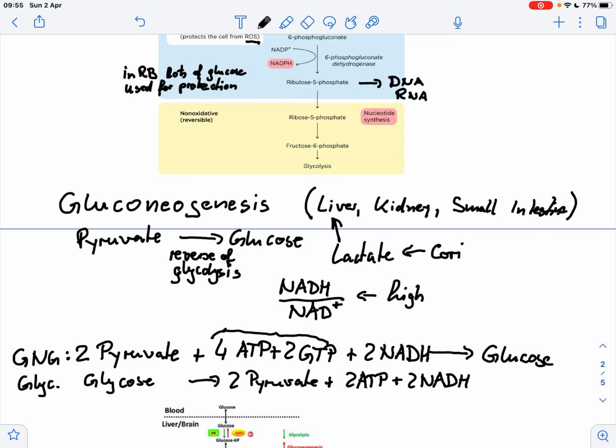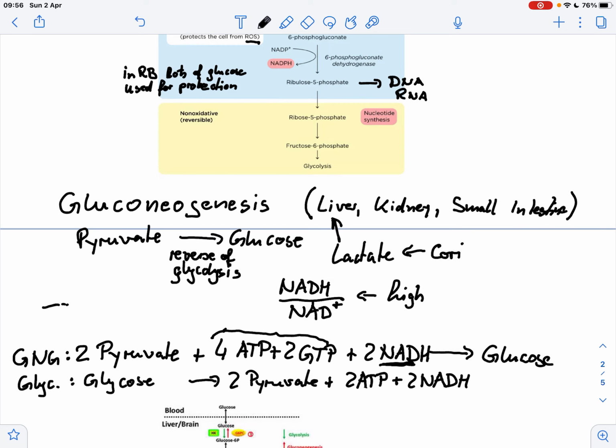So for glycolysis, we get pyruvate and a little bit of ATP and NADH. If we run it in reverse, we have to invest more energy, which makes sense because we need additional energy to run glycolysis in reverse. And we also need NADH. So only if we've got lots of NADH present in the cell, we can afford to run this process. And only if we've got lots of ATP present, we can run this process.